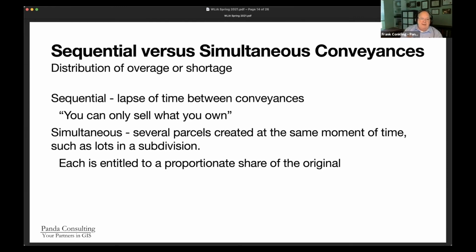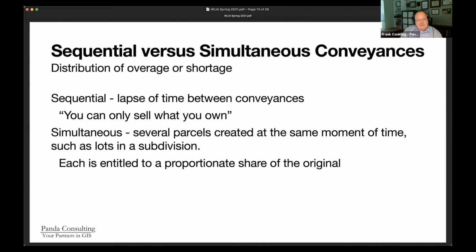However, if everything was created at the same time, in what's commonly called a simultaneous conveyance, these parcels were created at the same moment of time, such as lots in a subdivision or sections in the public land survey system.